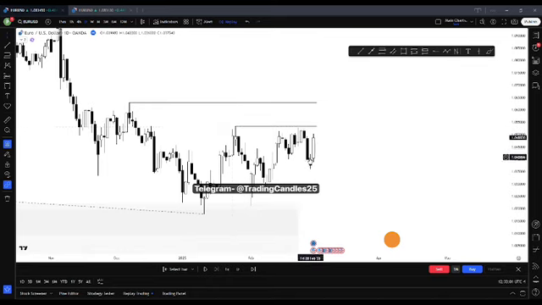This retracement ultimately resulted in equal highs being formed, which made it an easy target for price to take out after this retracement ends.